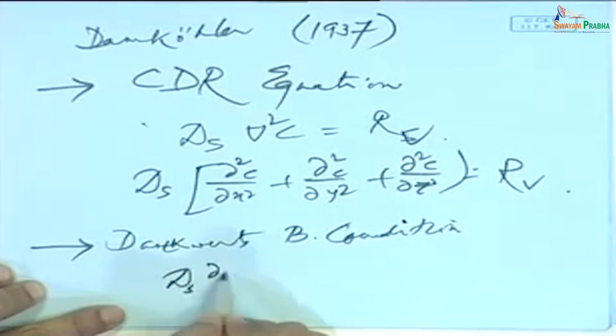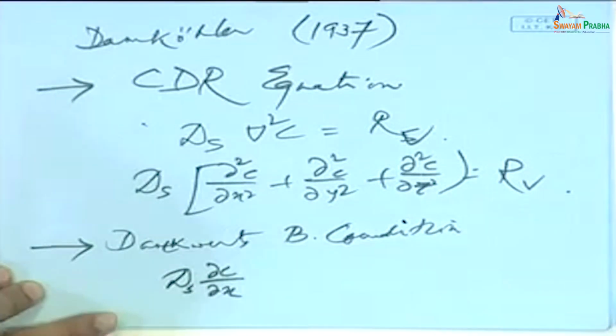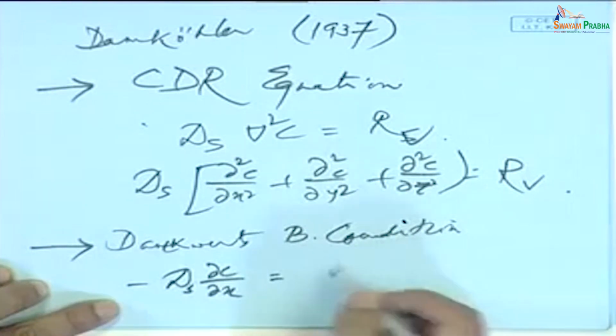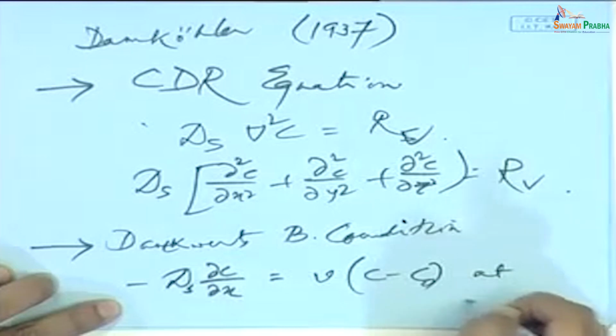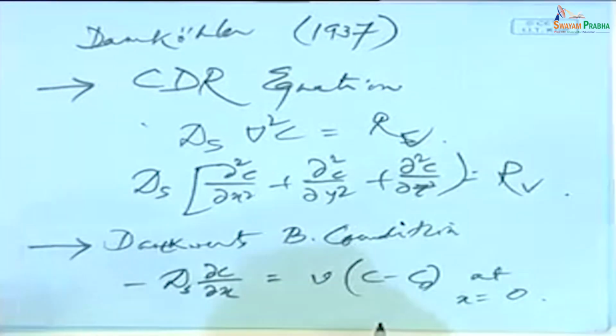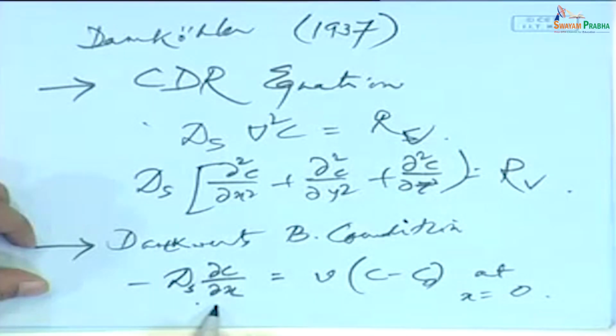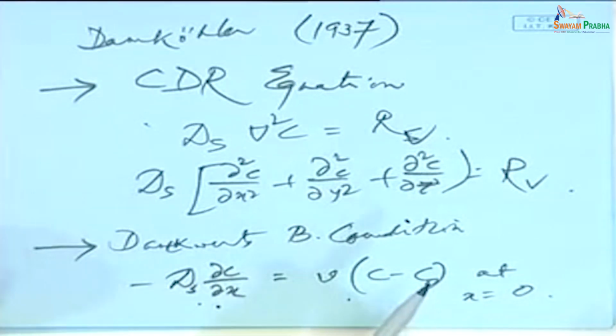So, minus Ds del c del x equals v times c minus c naught at x equals 0. At the boundary of the reactor or the plate, when both convection and diffusion are there, this is what you use: the del c del x diffusion term equals the velocity times the difference in concentration. This was also founded by Damkohler.